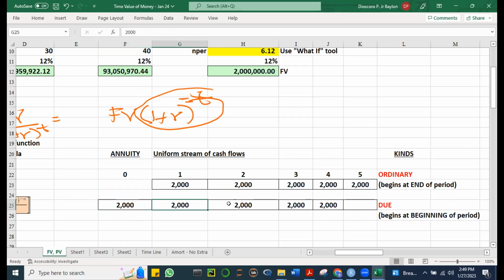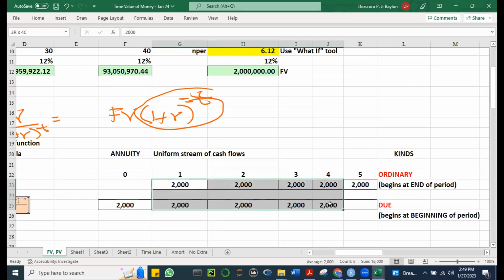So it's the same amount, in our example, 2,000. However, the timing is different. What's different is that we have a 2,000 here at the beginning and nothing here. On the other hand, for ordinary, we have a 2,000 here at the end and nothing at the beginning.